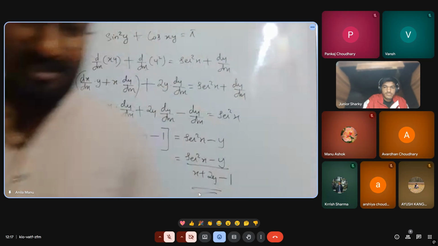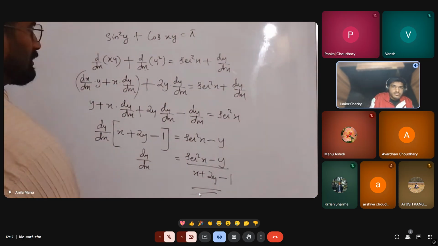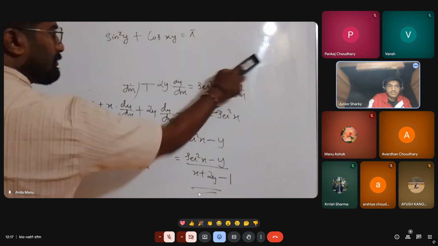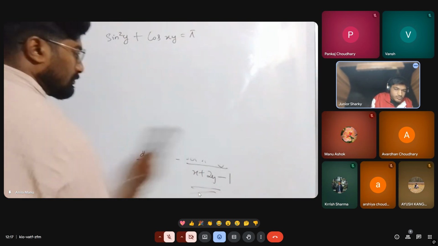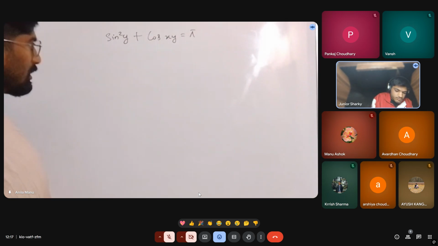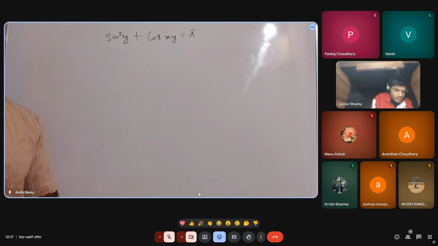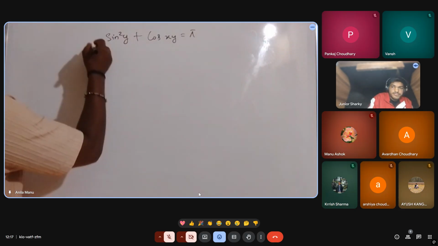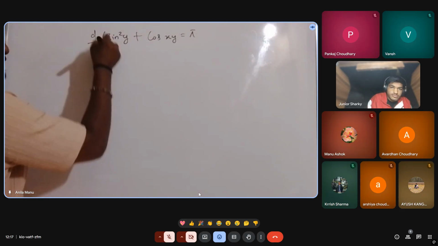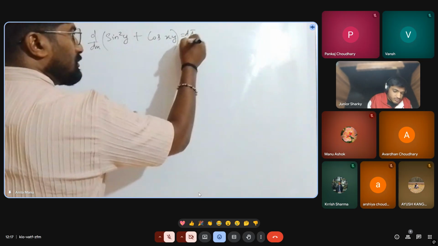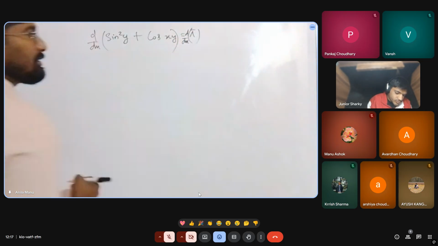Got it? See how to solve an implicit function. Differentiate both sides with respect to x. So d by dx of all these terms is equal to d by dx of pi.